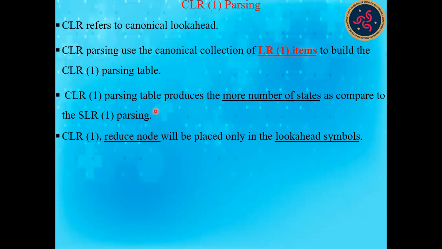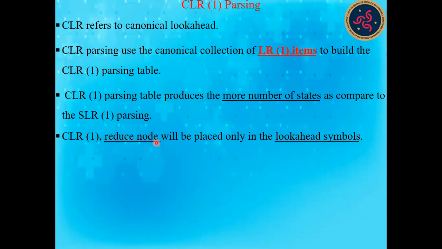When we construct this table, we have more states when compared to an SLR or LR parsing table. So more states will be generated, and the reduced moves will be fewer.